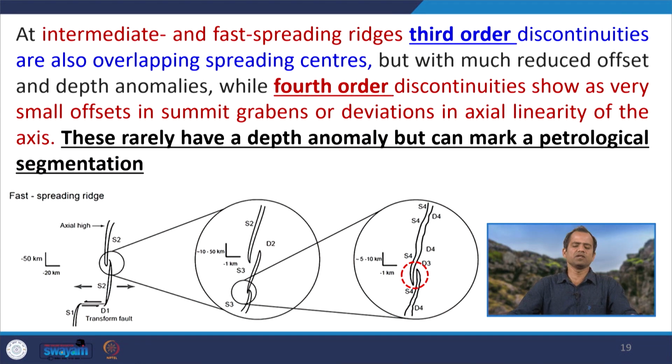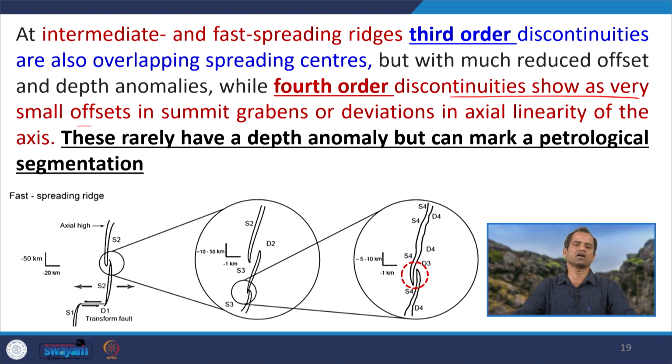At intermediate and fast spreading ridges, the third order discontinuities are also overlapping spreading centers, but with much reduced offset and depth anomalies, while the fourth order discontinuities show a very small offset in the summit graben and deviation of the axial trend of the axis.